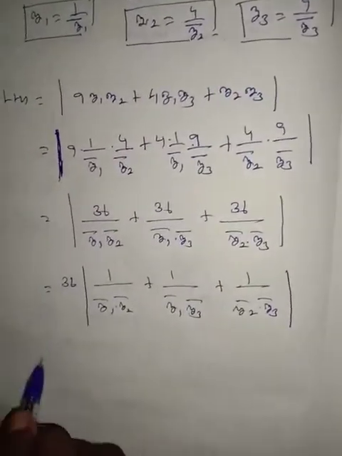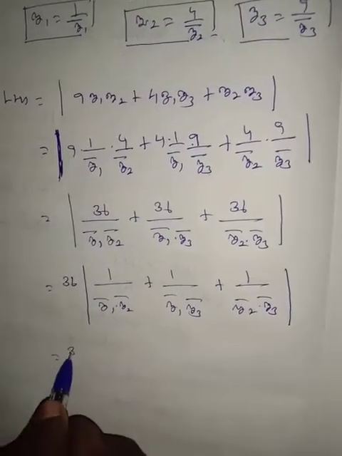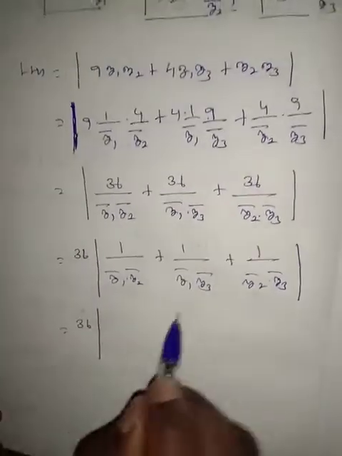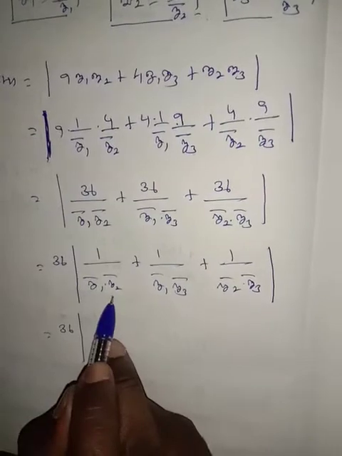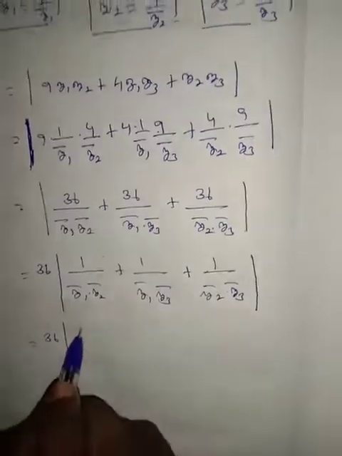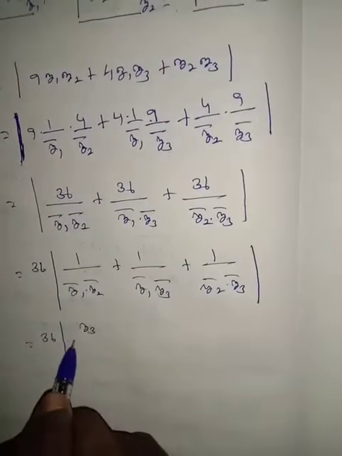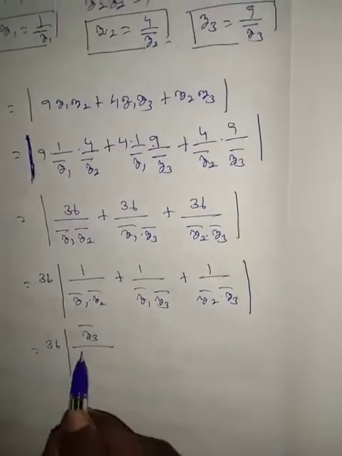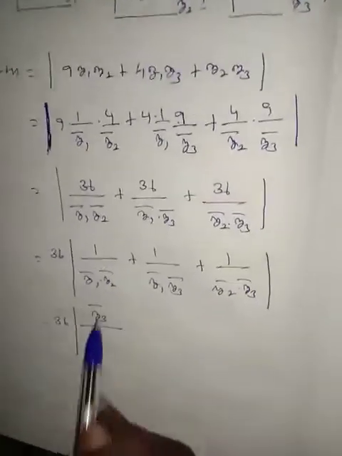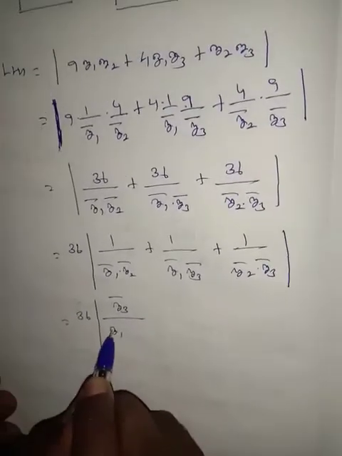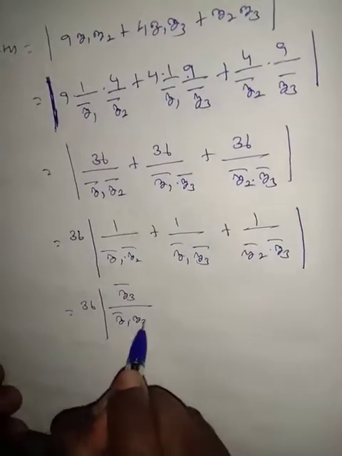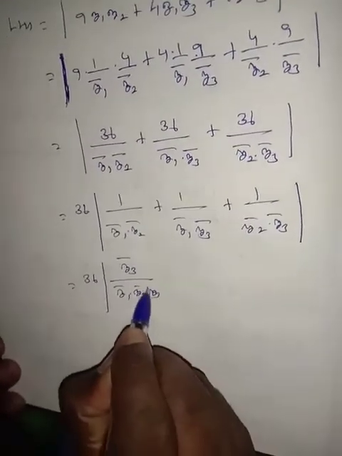Take the LCM. For the first part, multiply numerator and denominator by Z3 bar, giving Z3 bar over Z1 bar Z2 bar Z3 bar.